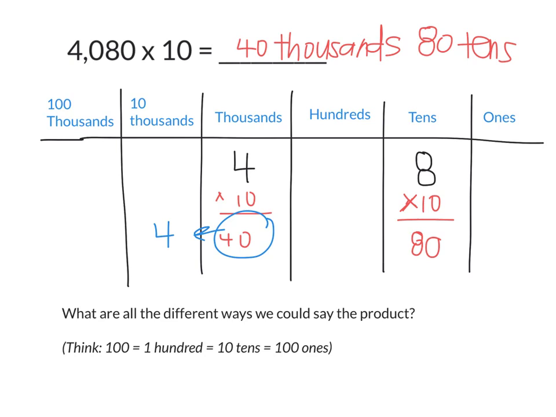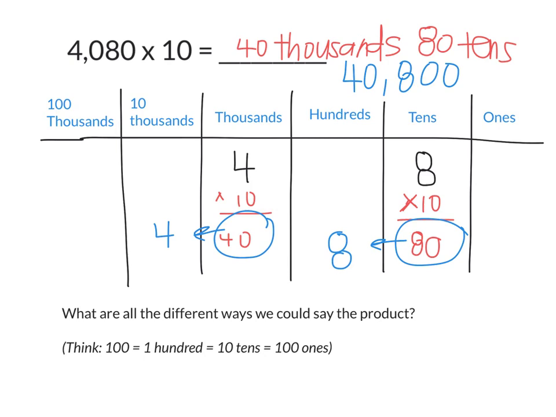And we also know that 80 tens is equal to how many hundreds? Everyone? 8 hundreds. This is what we learned yesterday, right? 8 hundreds is the same as 80 tens. So therefore, the most simplified or the standard way to write our answer is 40,800. Does that make sense?